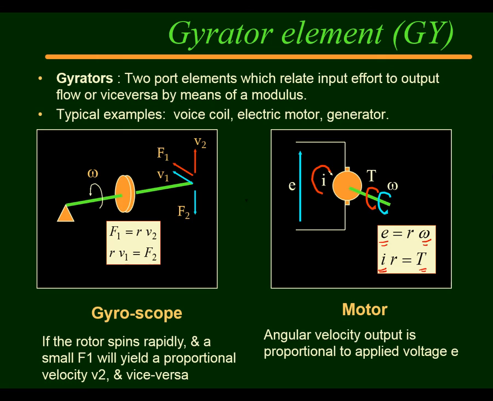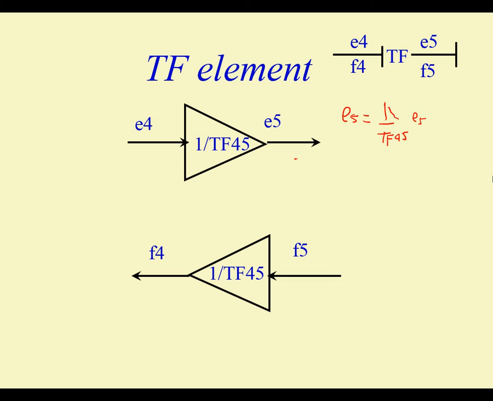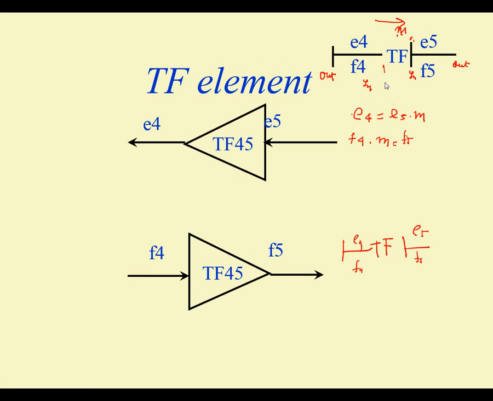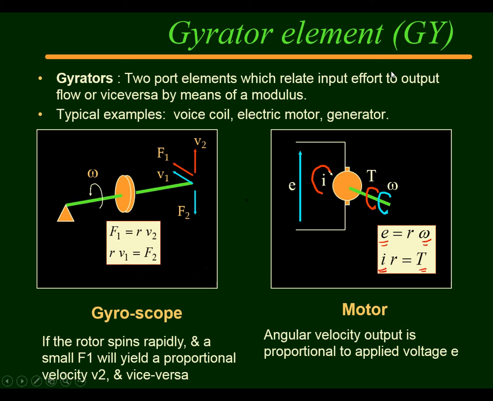So this element has the same kind of properties as the transformer, but the variables are crossed. On the transformer, we relate one effort to another effort, or one flow to another flow. That doesn't happen on the gyrator.